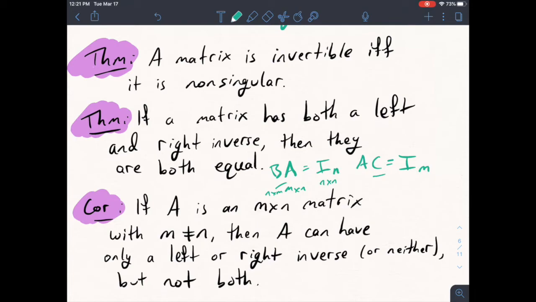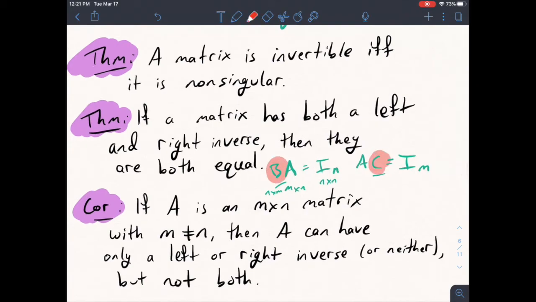I'm sort of brushing some stuff under the rug here, but it should not be obvious that B and C cannot be equal to each other here. I'm not going to go into this proof, but I just want you to know that for non-square matrices, you can only have a left or a right inverse, or neither.